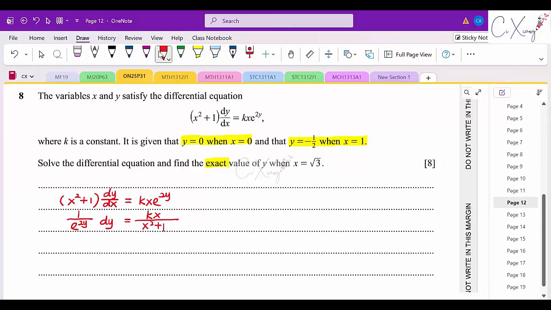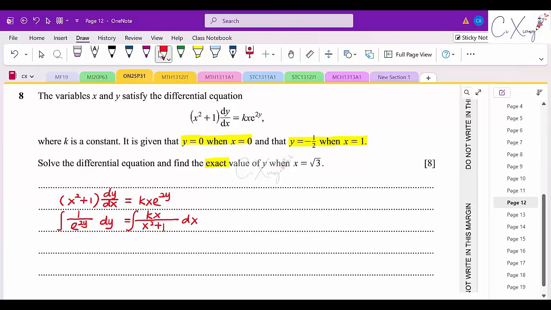The dx at the left hand side, I bring it up to the right hand side as well, so it becomes dx at the back. This is what we call a separable differential equation. That means you can separate the variables clearly to each side. That's always the very first step in our differential equation questions: separate all the variables first.